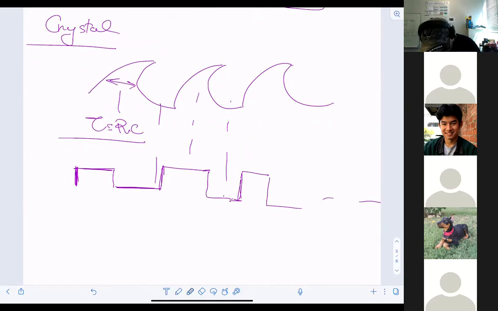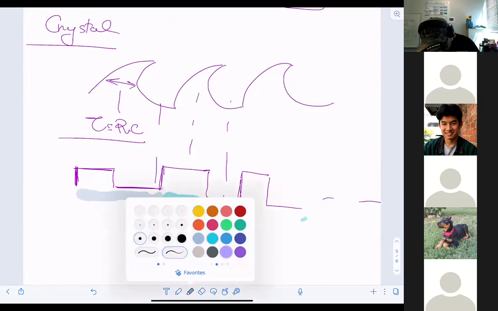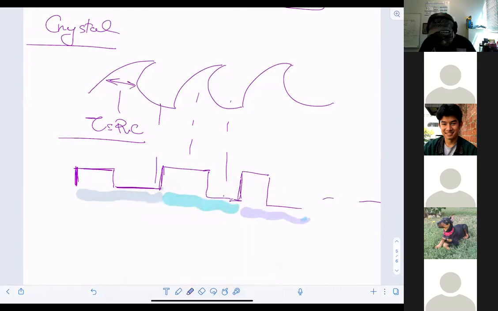Now we come to the conclusion that we have this like this and this like that. Any signal that looks like this, they call it a train of pulses, but it also has to be ready to be used.